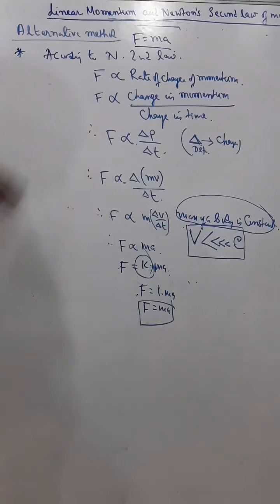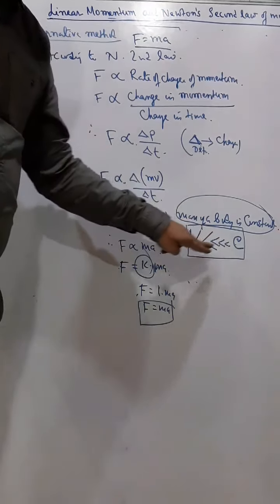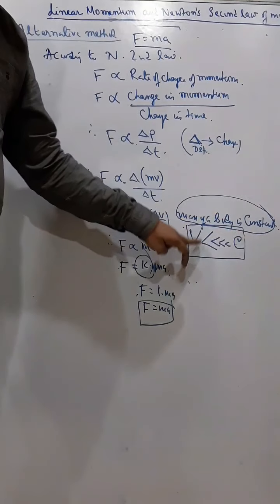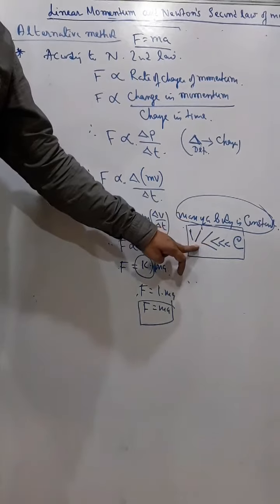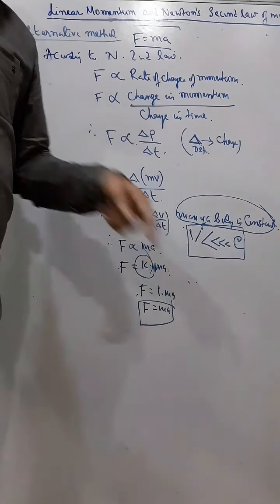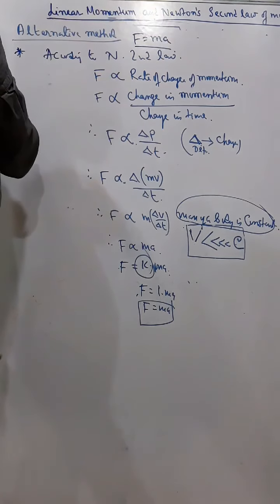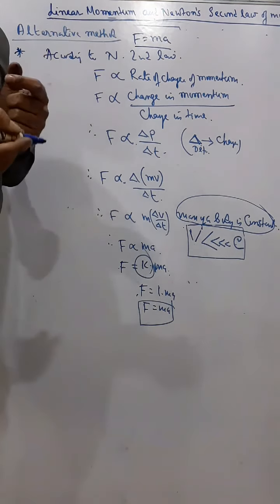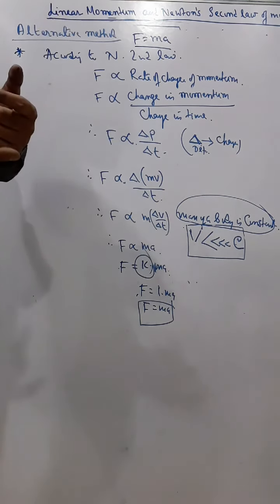Understand? So this derivation, I have explained it just to explain this concept here, that when the mass of a body is constant, when the velocity of the body is much less than light. But if the velocity of the body is comparable to light, then the mass changes. How does it change? As the velocity increases, the mass of the body increases.